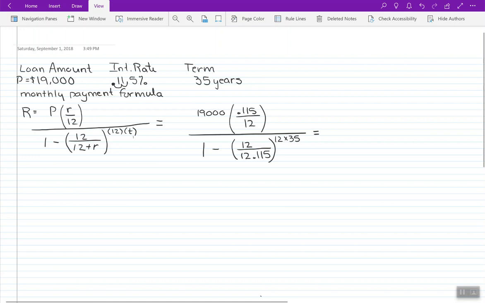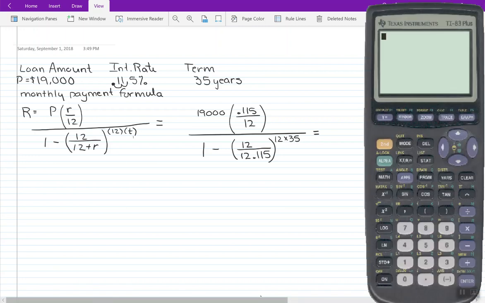Right, so with your calculator, you can do a few steps, and I would suggest doing them in part. Don't just try to jam it all into your calculator. So for example, I'm going to compute the numerator first, and then times 0.115 divided by 12.